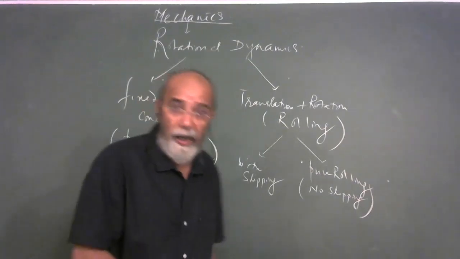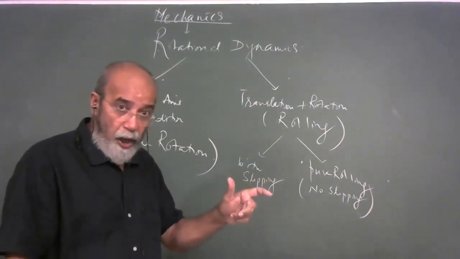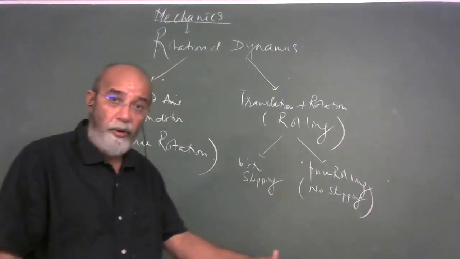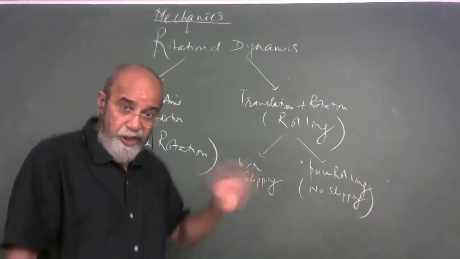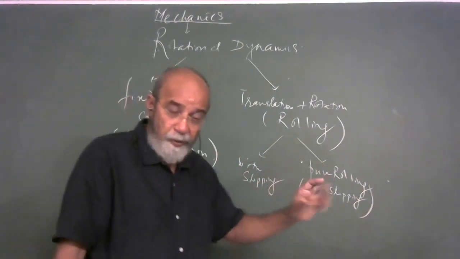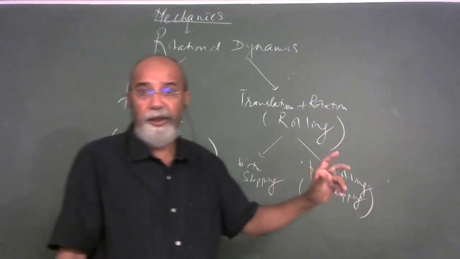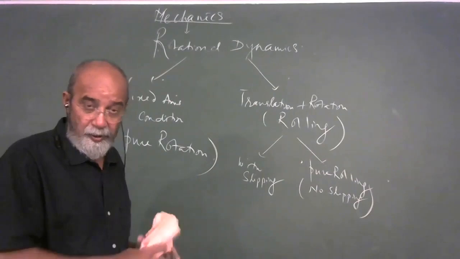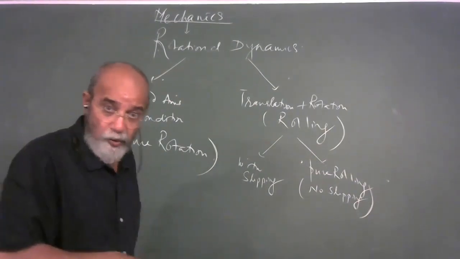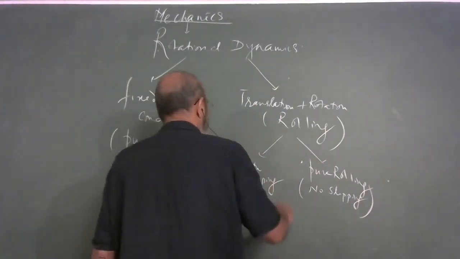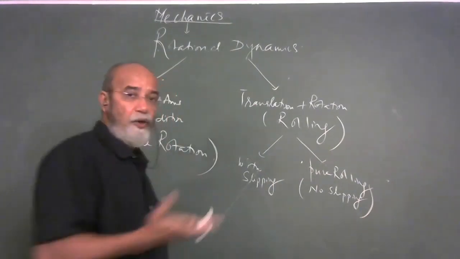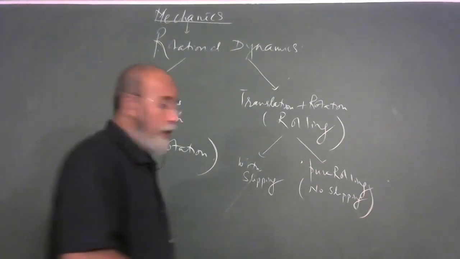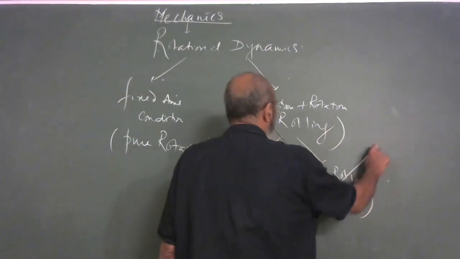You know very well, if you spin a ball and just roll it, it's going to slip. And after some time only, it will pure roll. In our 10+2 study, this is not there. Though I will take one or two examples to explain. Only pure rolling is there.